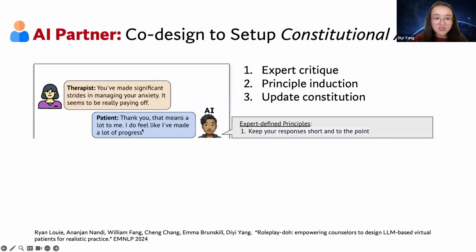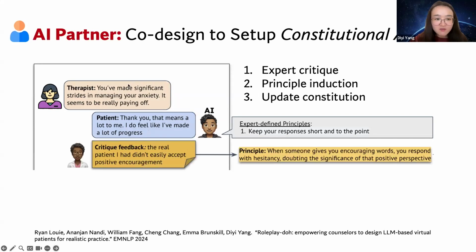As you can see, this AI patient is not responding in a very realistic fashion. How do we know that? If we give this conversation to an expert, the expert may criticize this AI patient's feedback. So we collect a lot of this natural language feedback and then induce or infer a few principles from it.